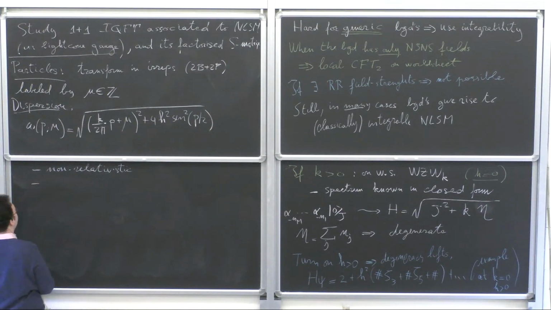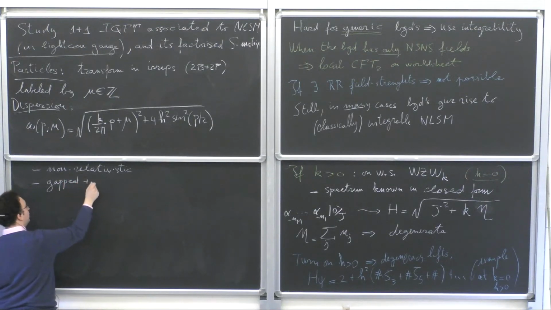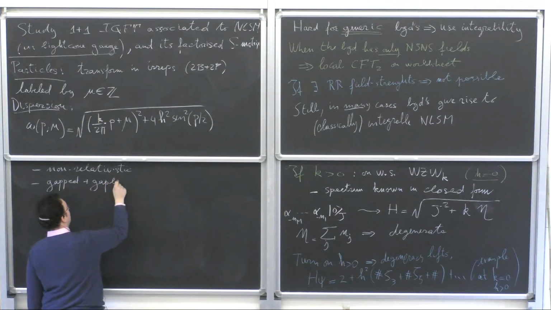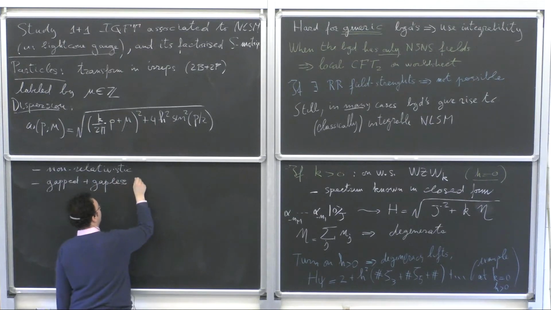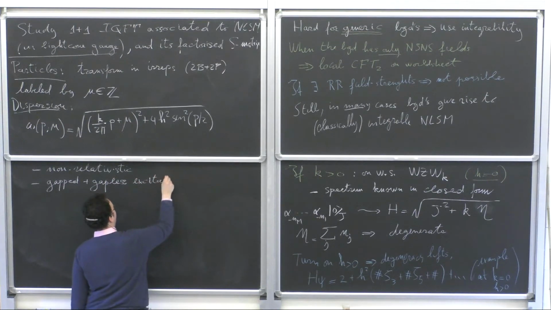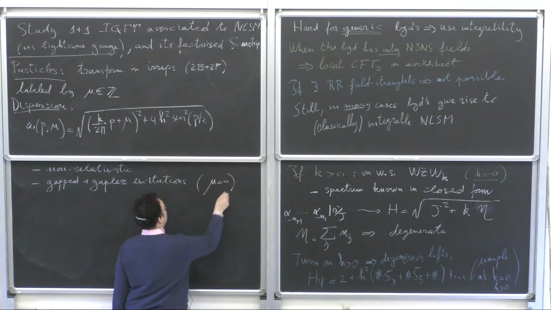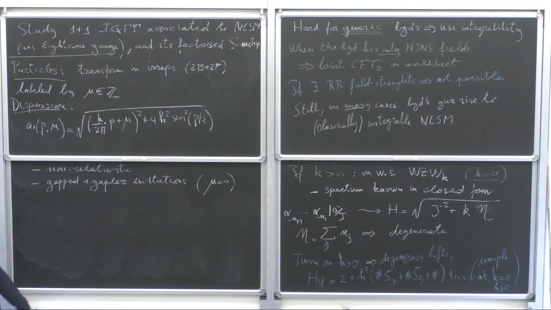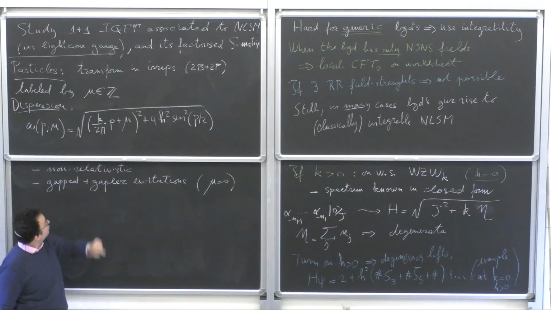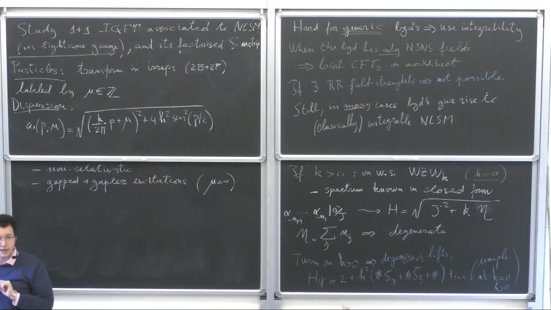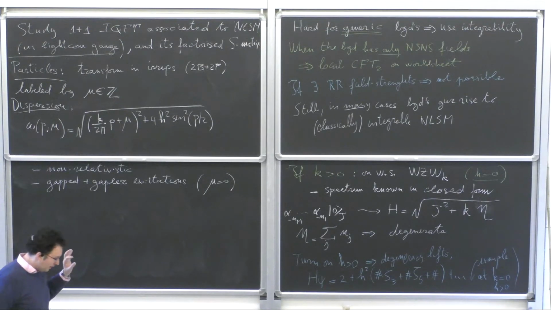The second thing is that it has gapped excitations, but it also has gapless excitations, which are the ones with mu equal to 0. You see that then for small p, p goes to 0, sine p goes to 0, and the gap vanishes. So you have this very unique interplay of gapless and gapped representations or excitations.